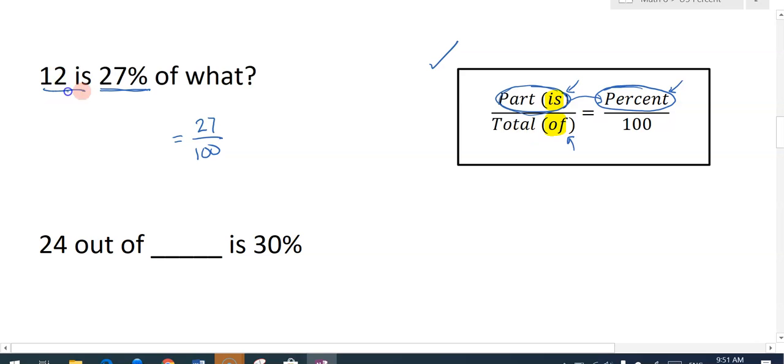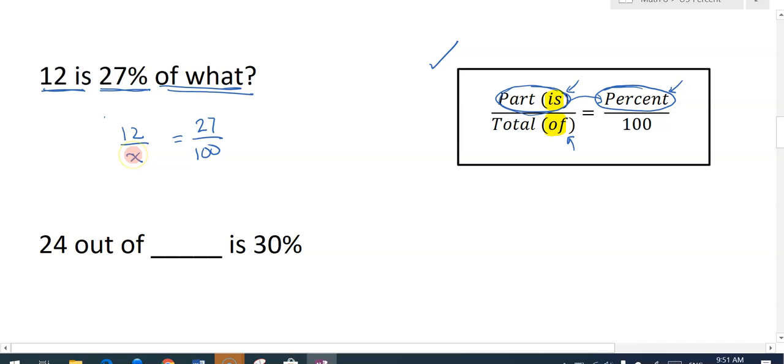So 12 is 27% of what? So the 12 is the 27, so it goes on the top. It's the part of something. We don't know what that is, so we put X on the bottom. So we have set this up in a proportional situation in which we could say, how am I getting from 12 to 27 or 27 to 12?